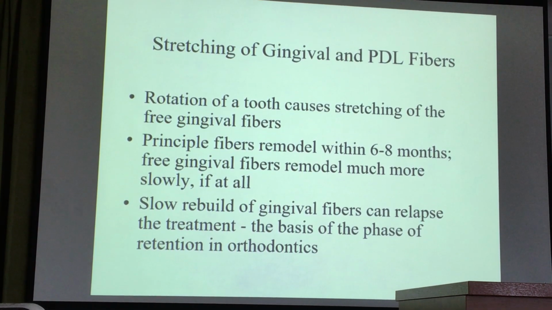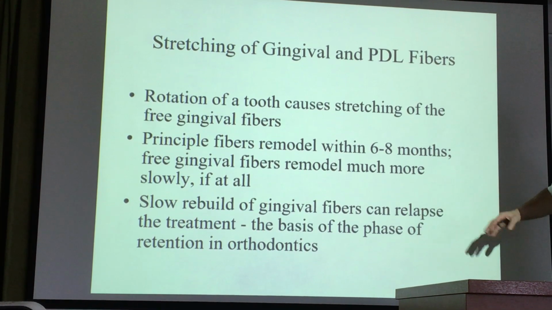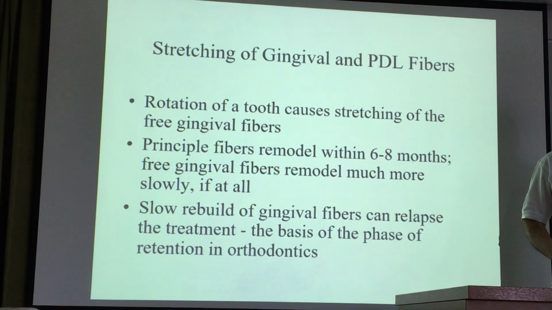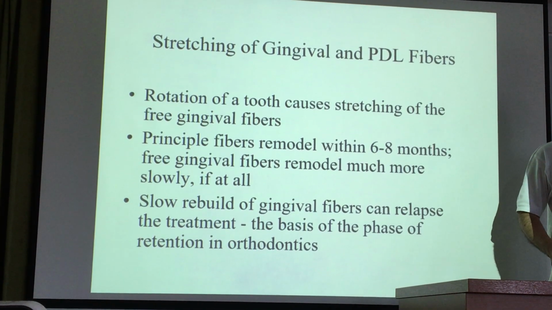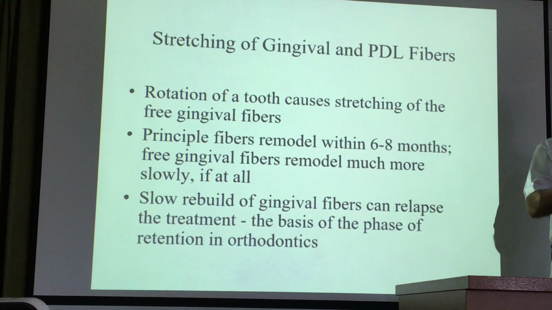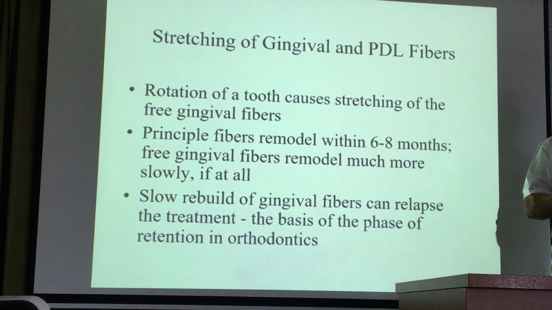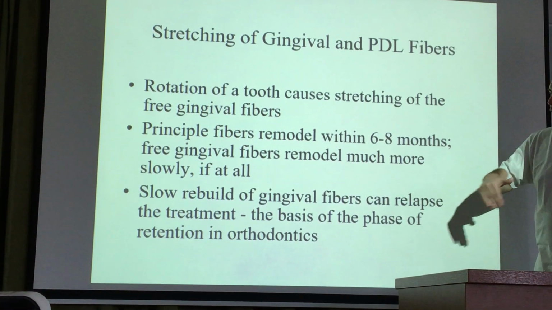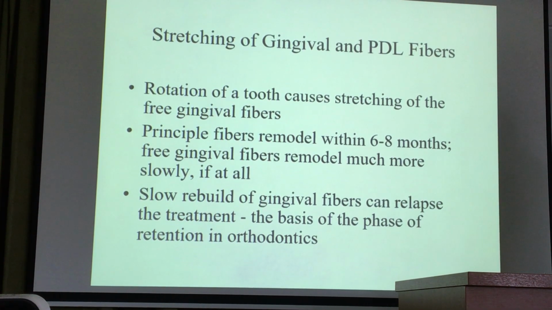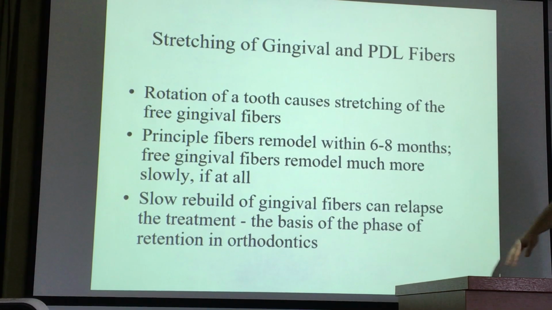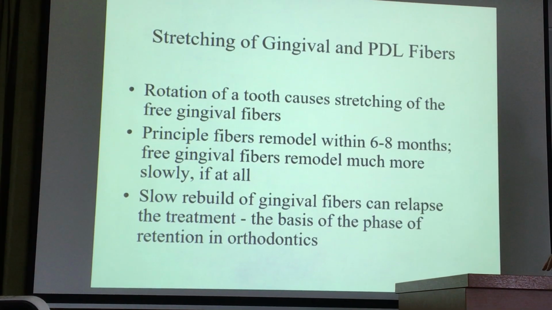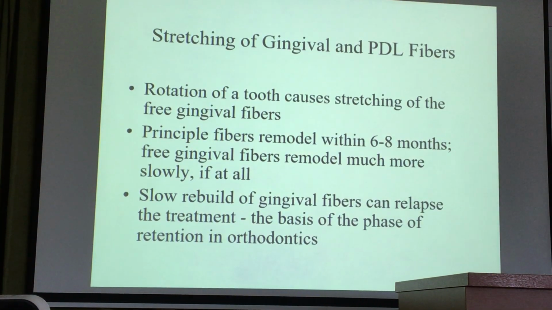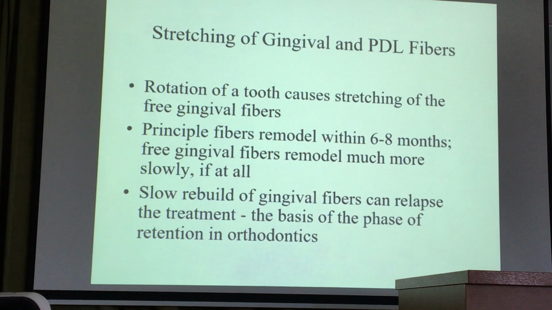remodeling or reorganization. So for the formation of the gingival fibers in the new place of the tooth, where the tooth is moved during treatment, the periodontal fibers and gingival fibers should be remodeled at that therapeutical site, treatment site, and this is why you make the active phase of the treatment.